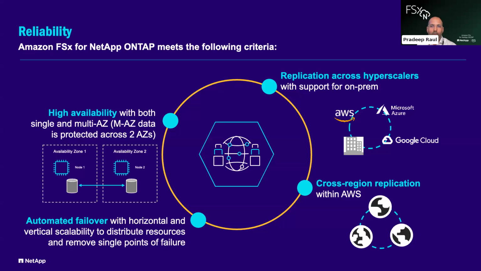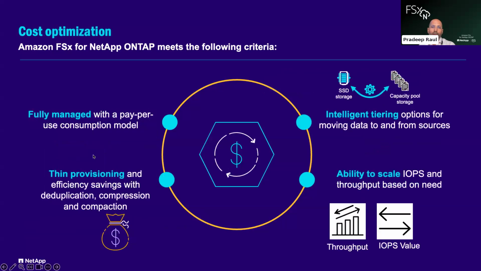Let's go to the cost optimization pillar. With cost optimization, as you know, cost and sustainability are in everybody's mind. We could see in the poll that quite a few of you are very interested in cost and aware of cost implications when you are architecting a solution, especially when it comes to cloud.